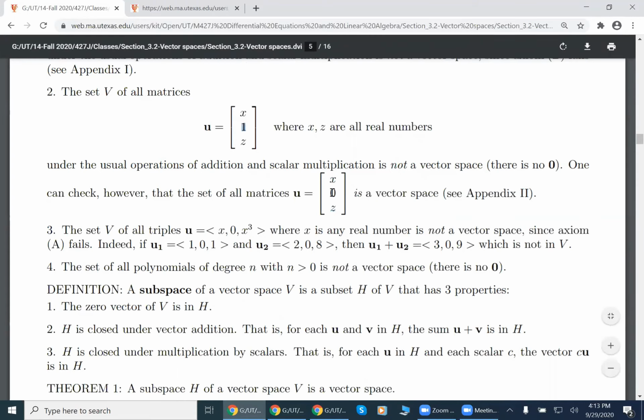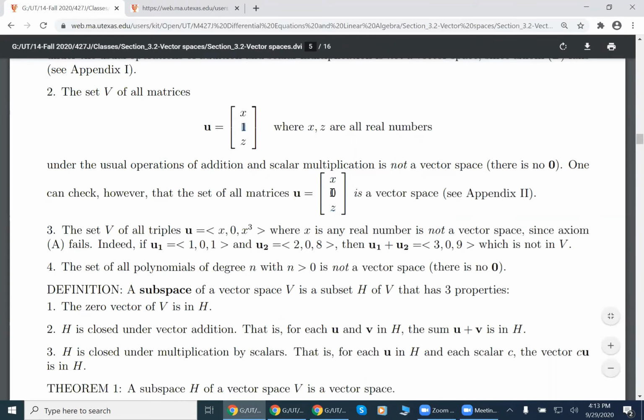Was that your question? Yes, but why does it need a 0 for it to be a vector space? Because it's written over here. A vector space is a non-empty set of objects with 2 operations subject to 10 axioms. And axiom 3 says there is a unique element 0 called the 0 vector that satisfies this.